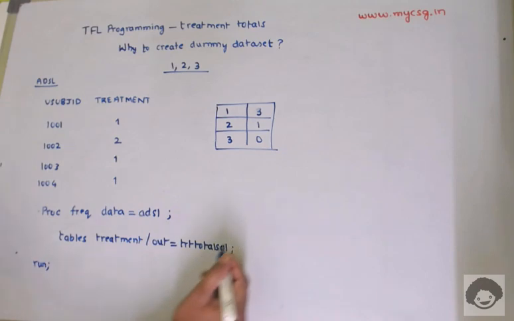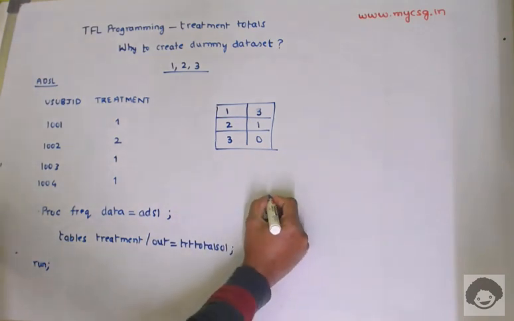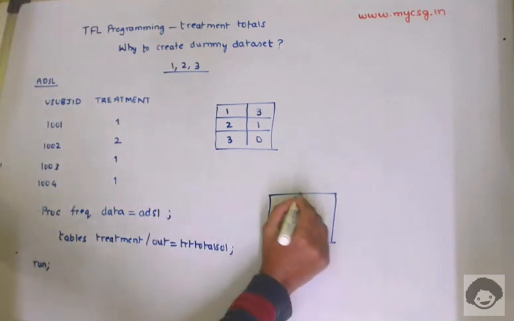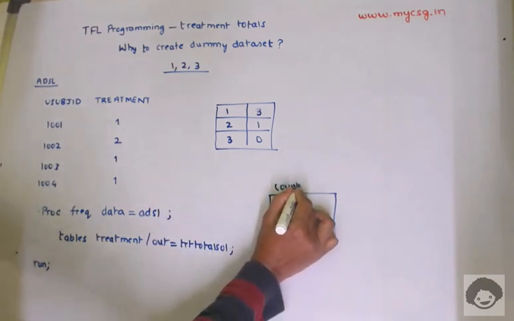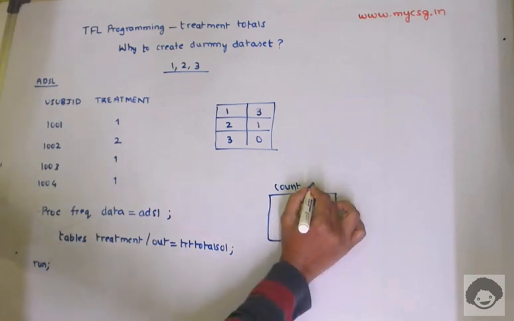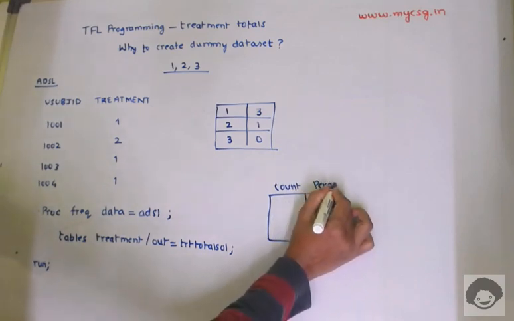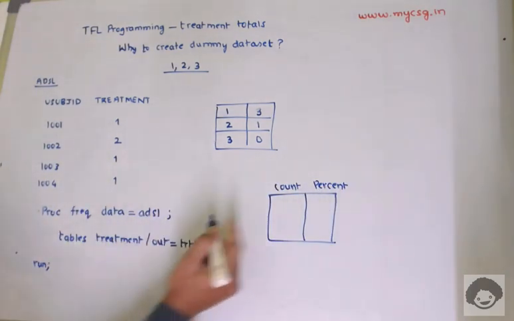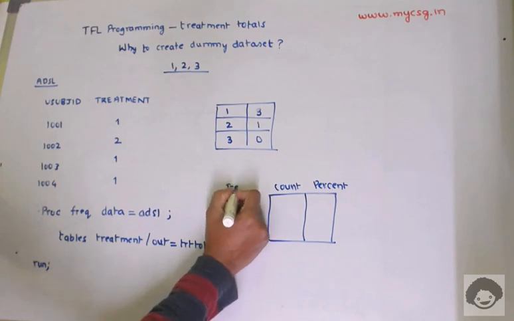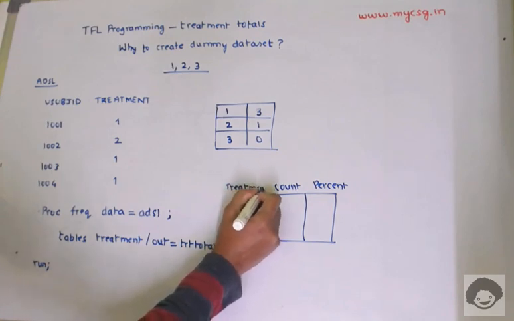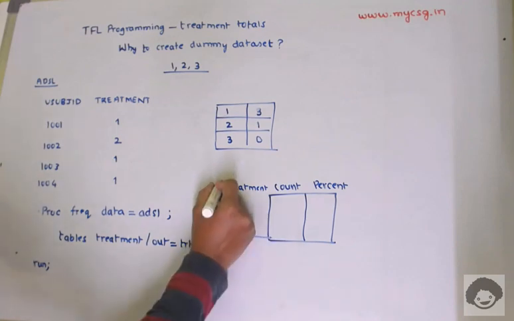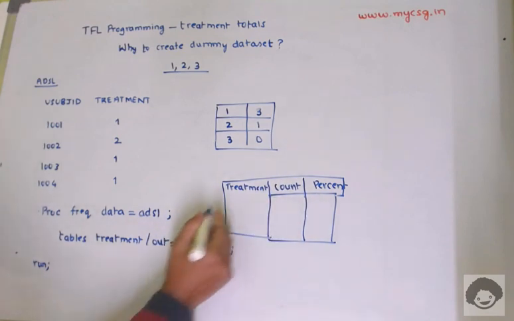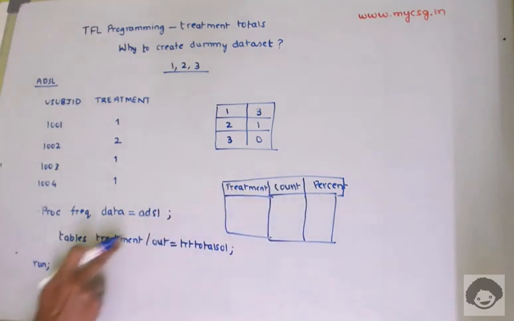It will create a data set with 2 statistics, the first one is count and the second one is percentage, and it will also have the additional variable which we have specified on the TABLES statement, treatment. So we have 2 standard statistics coming out of PROC FREQ, count and percentage, and then the variable we specified.